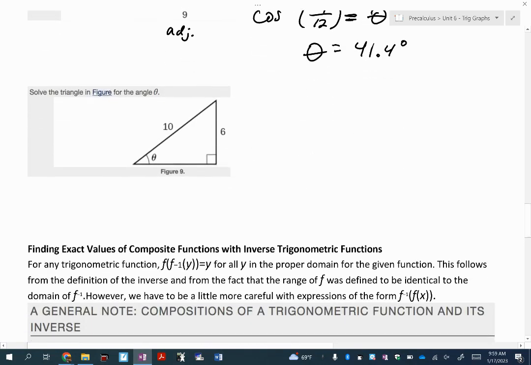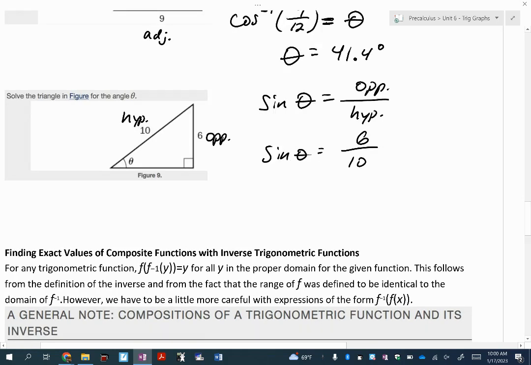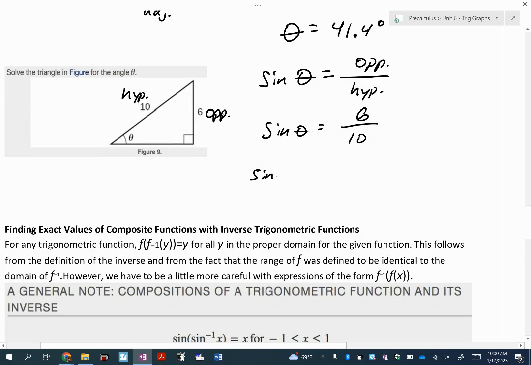Let's do another one. I've got my hypotenuse again for this triangle, but this time I've got the opposite side from that angle theta. So with SOHCAHTOA, that's going to be sine of theta equals opposite over hypotenuse. So sine of theta equals 6/10. Again, you can reduce if you want. So going into my calculator, I'm going to do arc sine of 6/10 since I know the ratio, and it will spit out that angle theta.